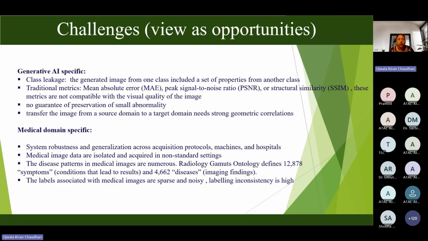Then there is a variety of diseases. A radiology ontology defines around 12,878 different symptoms, so a lot of variations are there. If we think of generating one robust solution, ideally we should consider all that, but it's not possible.